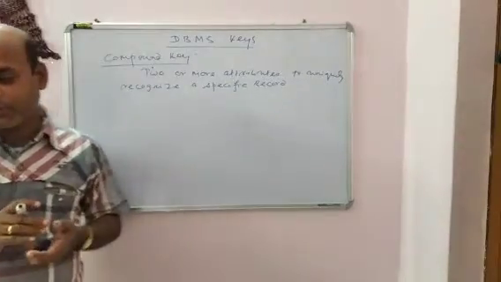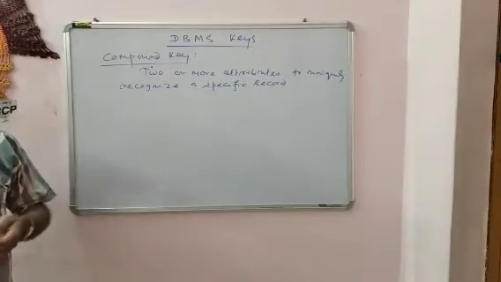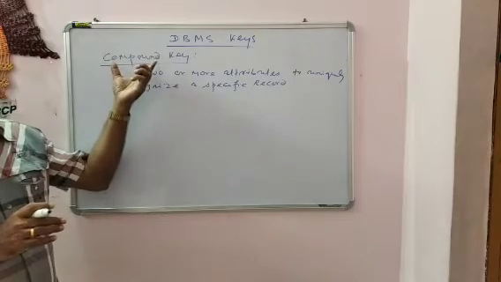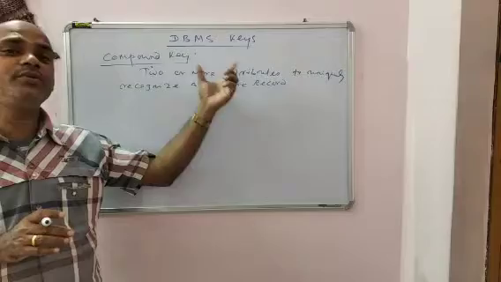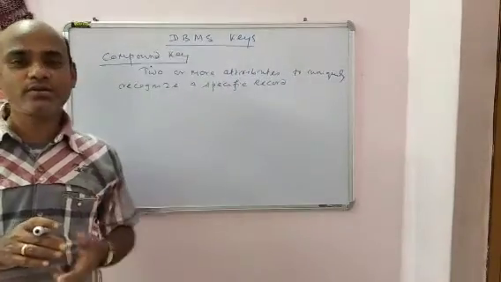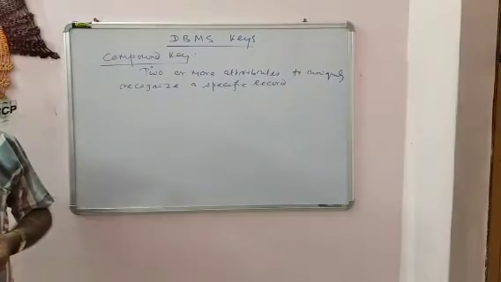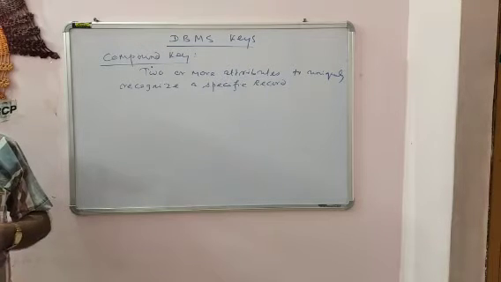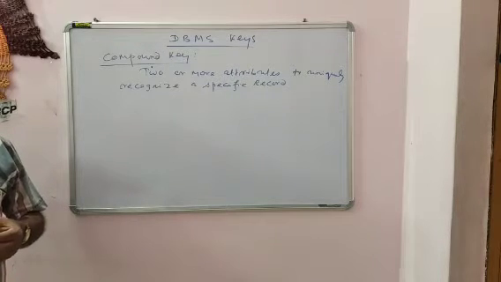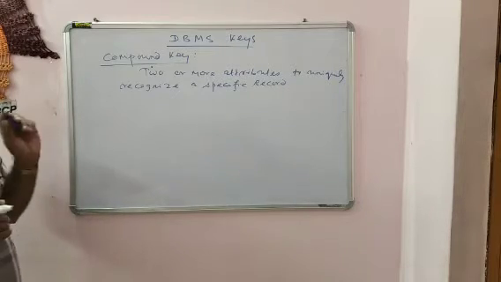That is the compound key. The combination of these keys or attributes is the unique identification. The purpose of a compound key is to uniquely identify each record in a table.